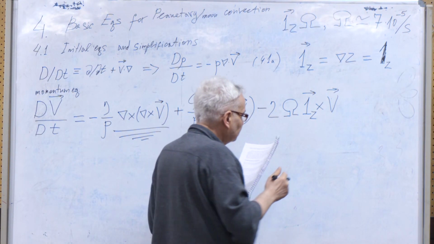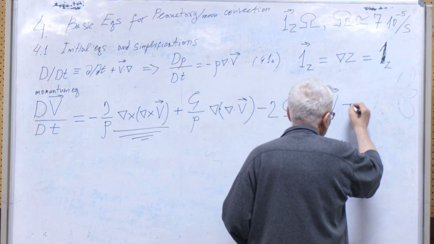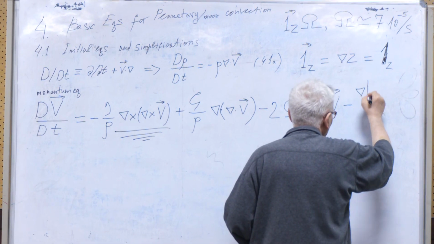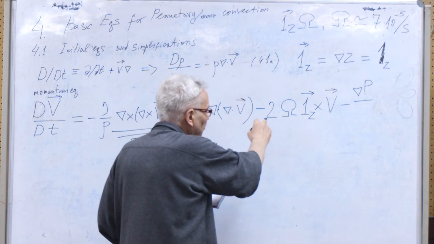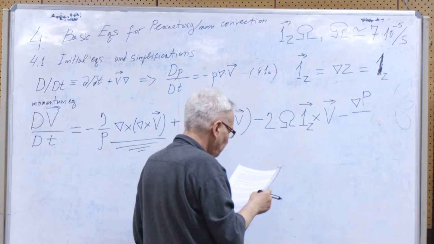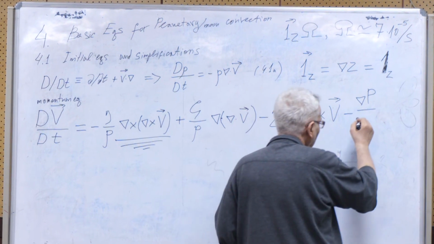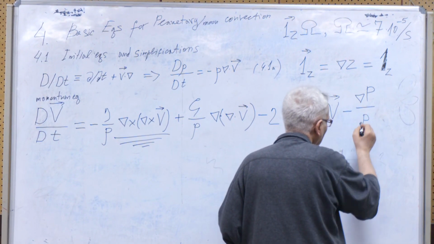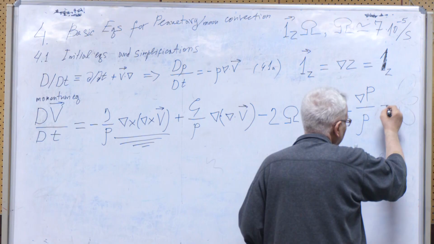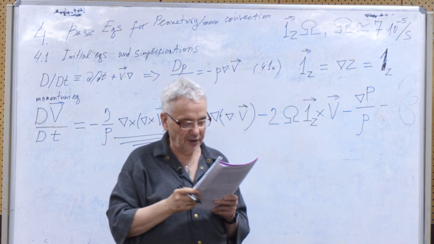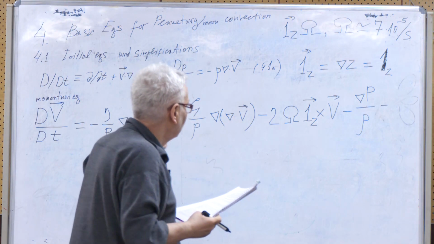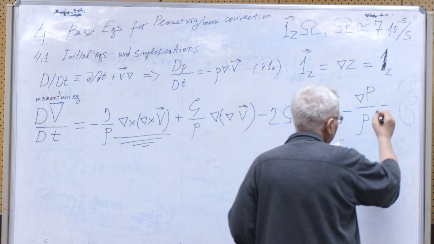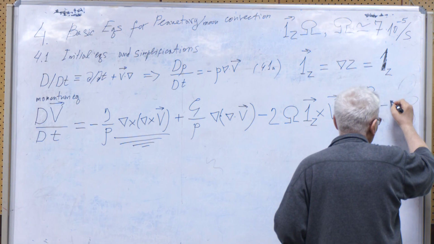Okay, what else remains? Of course, there is the thermodynamical pressure. It also plays a rather important role because it's of the order of the Coriolis force. And the last, but in a sense it should become the very first, is the gravitational potential.